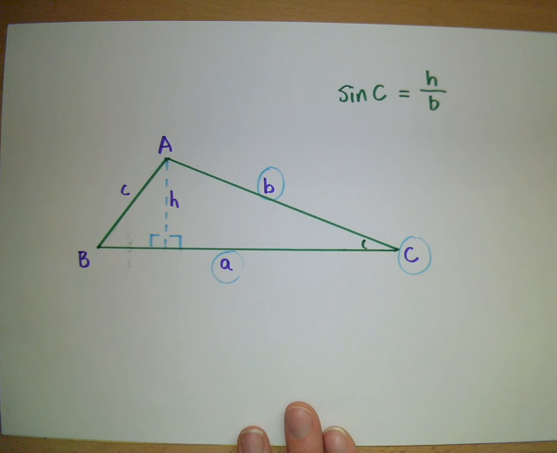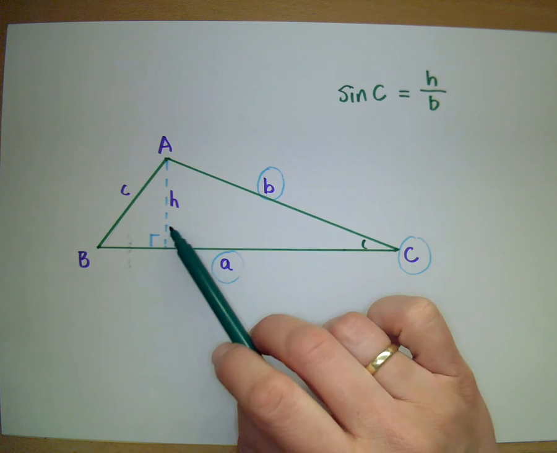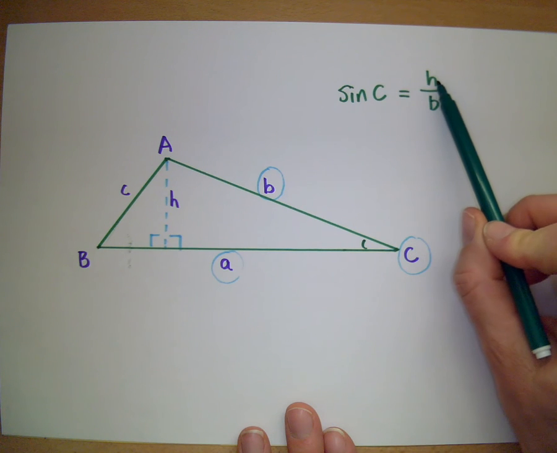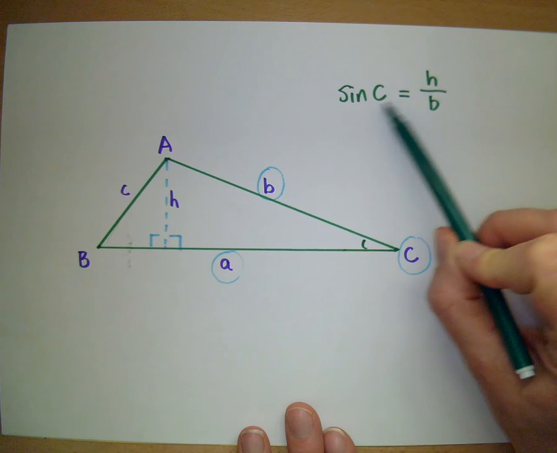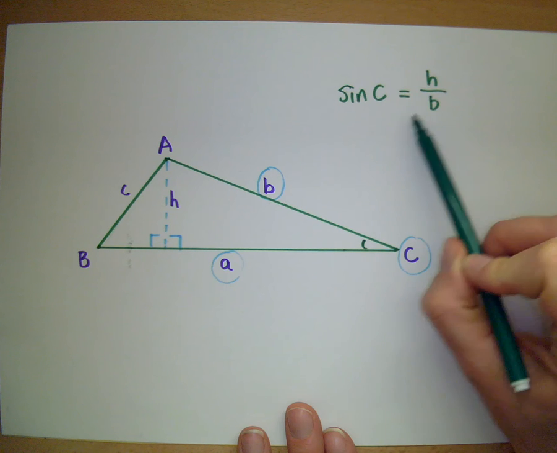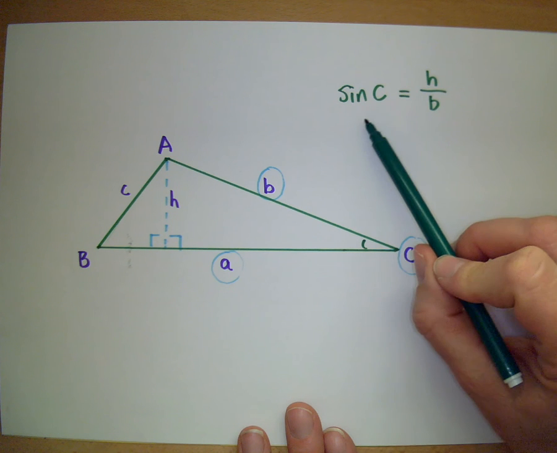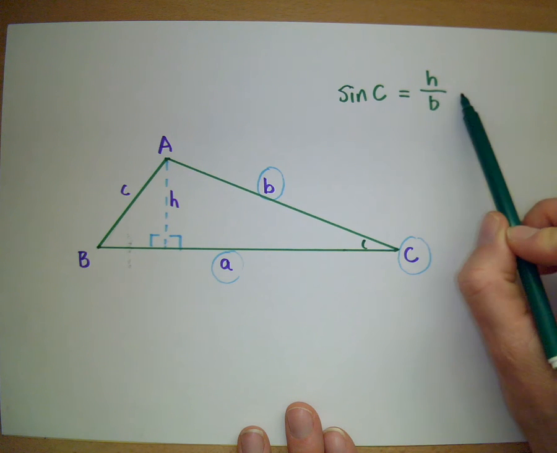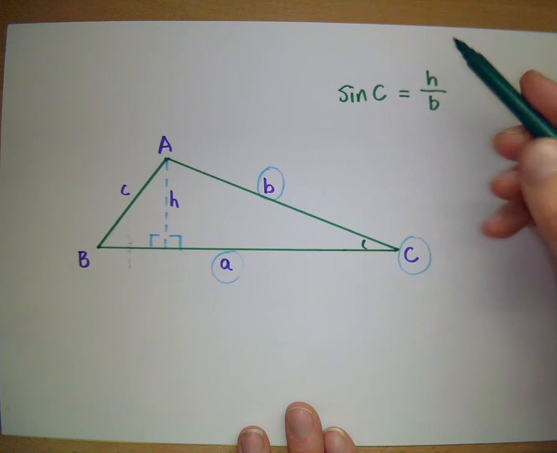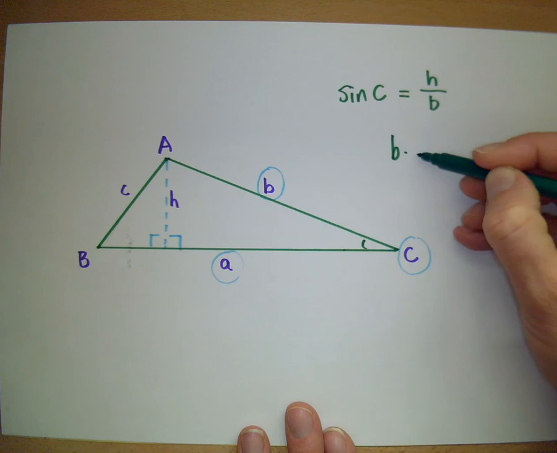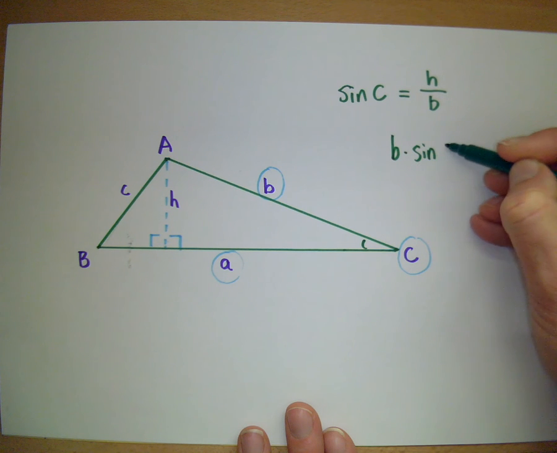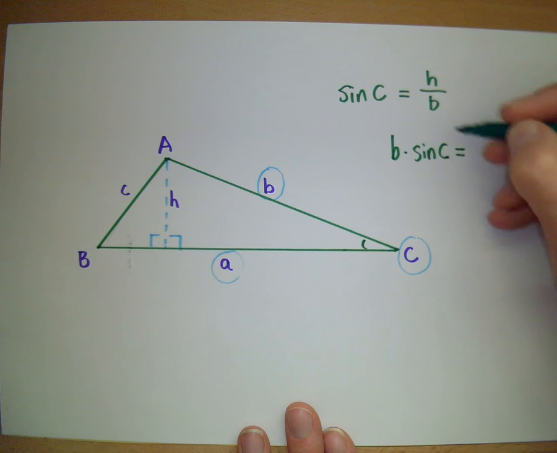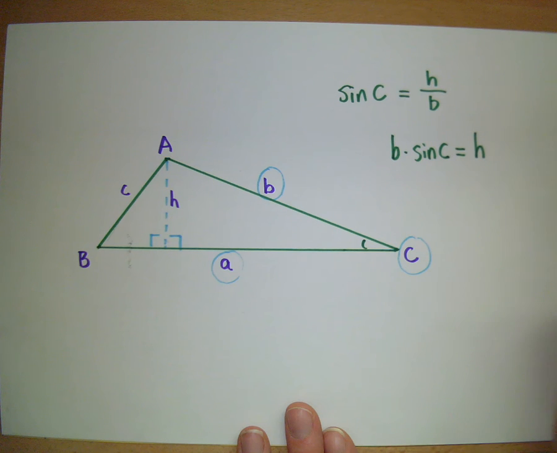So if we make H the subject of this equation, we have found a way to express H. If we multiply both sides by B, we'll get B times the sine of C equals H.